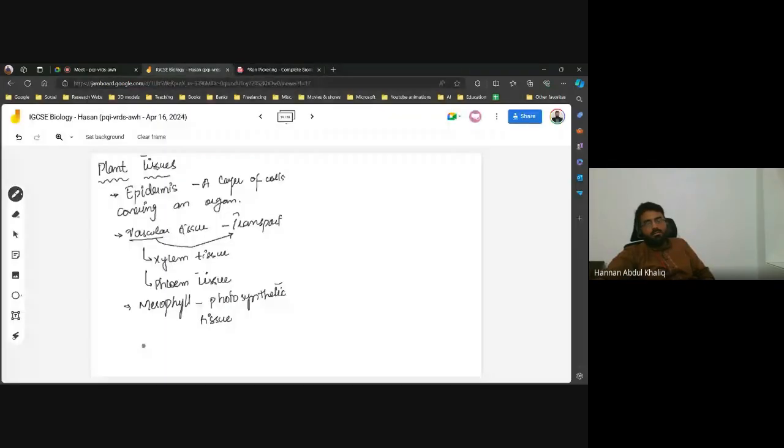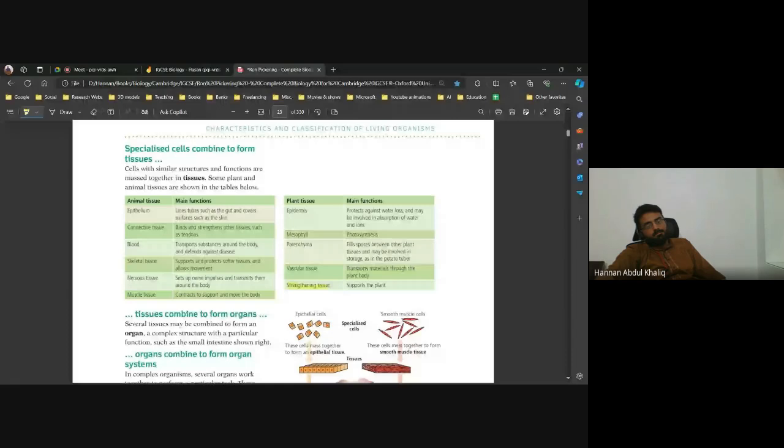Another very important tissue is the mesophyll tissue. I might have already told you that mesophyll tissue is actually a combination of many cells performing photosynthesis. Two types are left. One is strengthening tissue. Strengthening means that it would strengthen the plants.